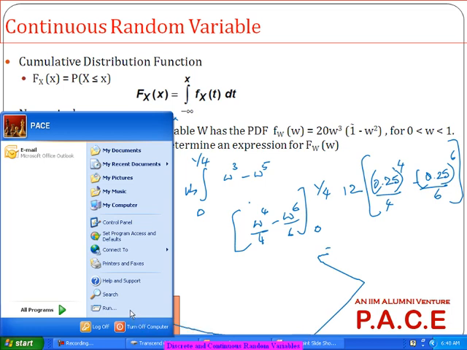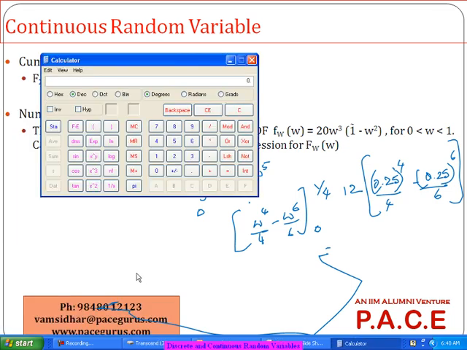So you could very well do your calculation: 0.25 to the power 6 divided by 6, I'll put it in memory, then 0.25 to the power 4 divided by 4, minus whatever I recall from memory. I multiply this by 12 and get 0.011.